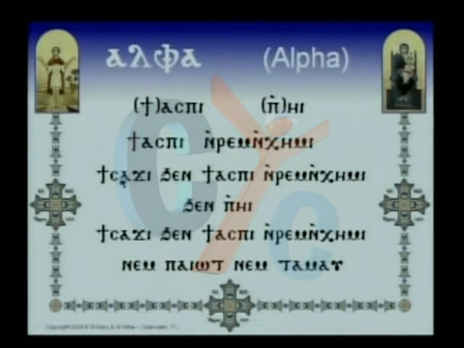Here, I would like you to repeat with me this sentence, which means I speak in the Egyptian language in the house. So I speak, ti saji. As we know, this ti is the present tense for I. So ti saji means I speak.